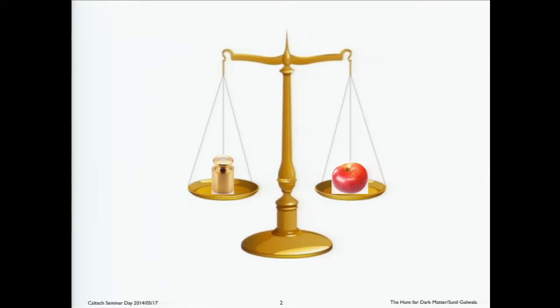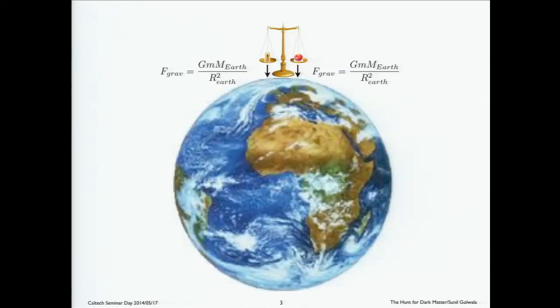And here on the Earth, we might weigh things by comparing it to a reference mass. And the reason that works is because we're on the Earth, right? The gravitational force acting on the reference mass is the same as the gravitational force acting on the thing you want to weigh if they have the same mass. So in that way, we rely on the gravity of the Earth to tell us how to find out the masses of things.